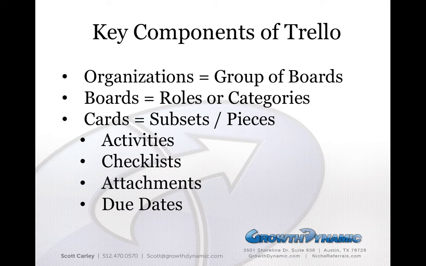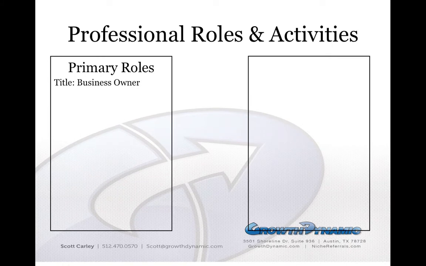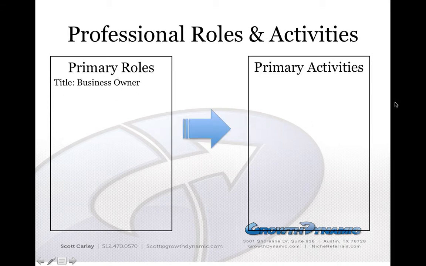Now, if you remember when we did our Vistage presentation on focus on what matters, get control of your distractions, one of the main things we talked about were your primary roles. Primary roles of the business owner generate primary activities. So let's look back and think for just a minute, for illustration's sake, some of the primary roles of the business owner.